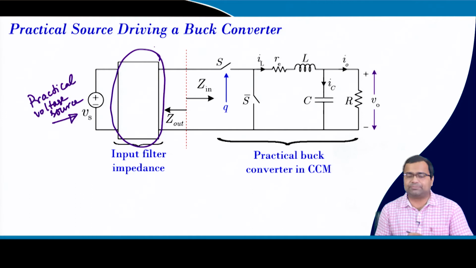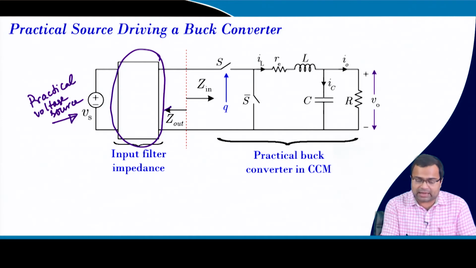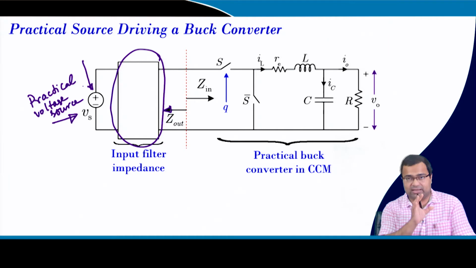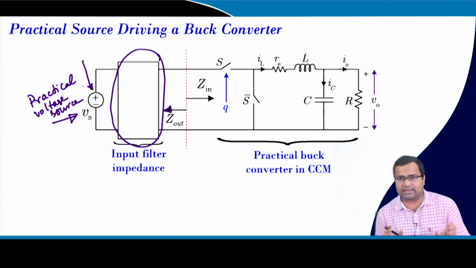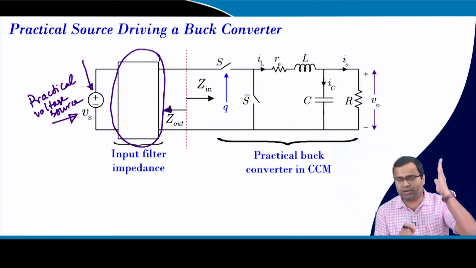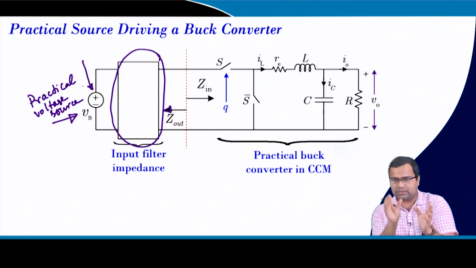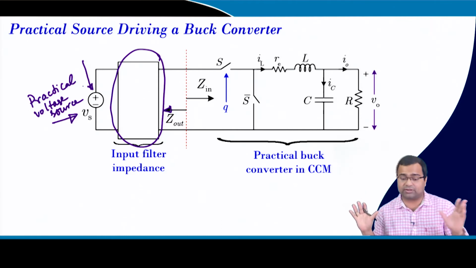When you introduce an input filter, please consider Z out as the output impedance of the filter, because we have put all the impedance of the source inside this block only, because otherwise it will be too bulky. That means eventually, in the modeling sense, we have an ideal voltage source, source output impedance, input filter, then DC-DC converter.